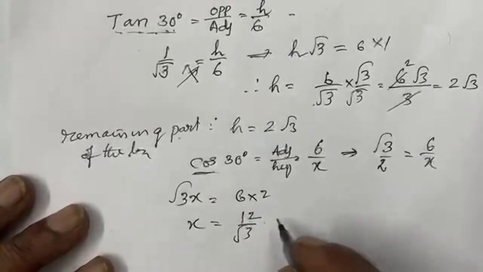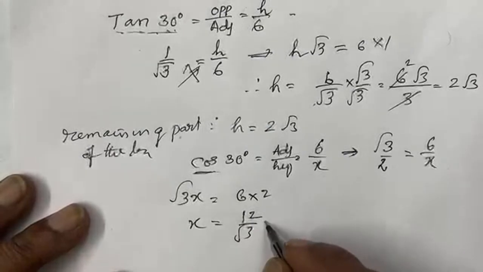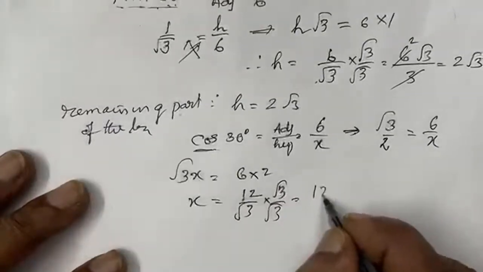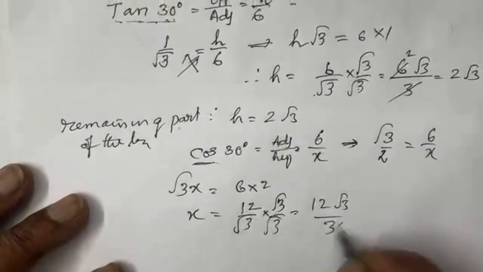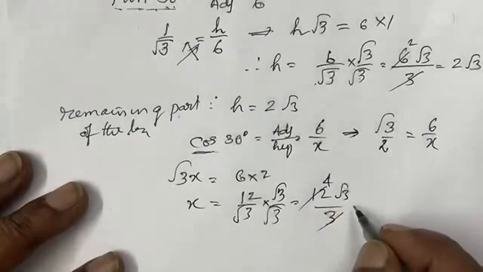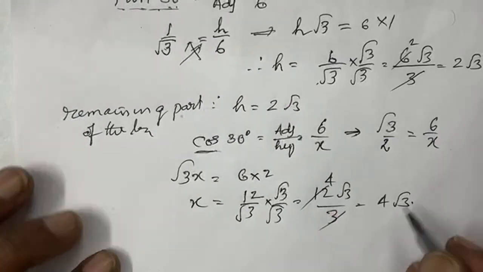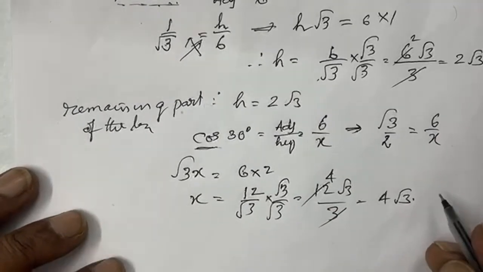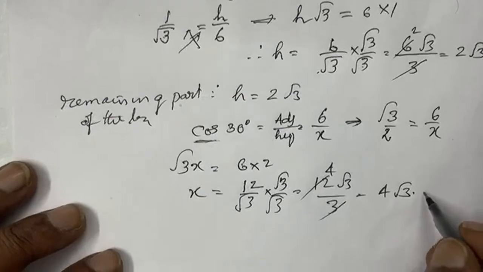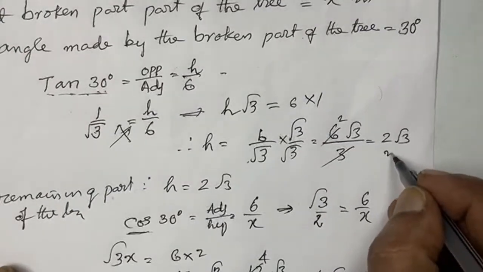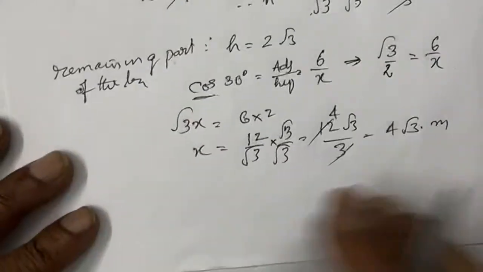And you have to go for rationalization over here. 12 root 3 by 3 will come. So 3 will go in 4 times. So 4 root 3 is the length of the broken part of the tree. And the length of the remaining part of the tree is 2 root 3.